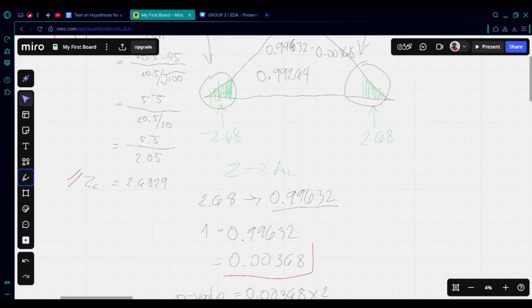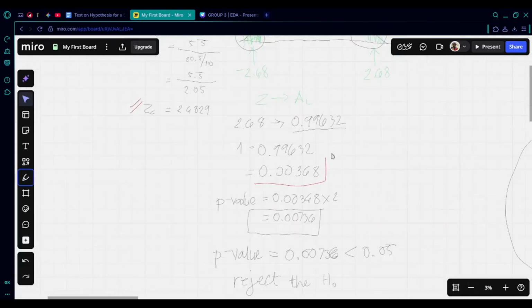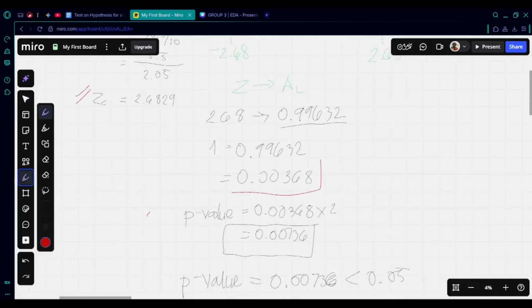So now that we have computed this one, we will now be computing the p-value. So this is our fourth step, wherein after we computed for the shaded area, we will now be multiplying it by 2 to get our p-value.